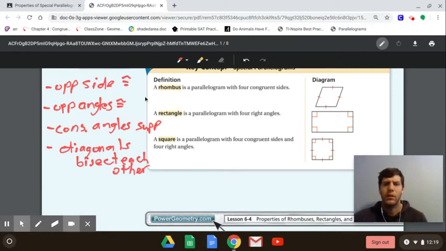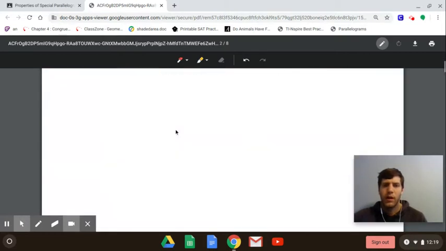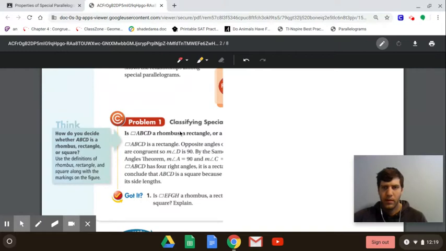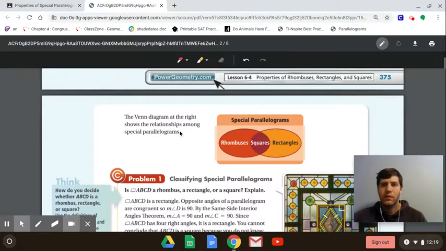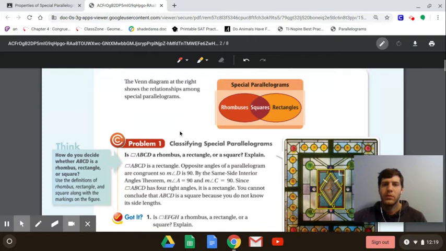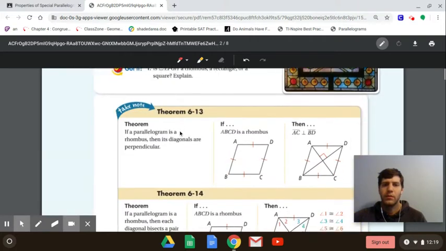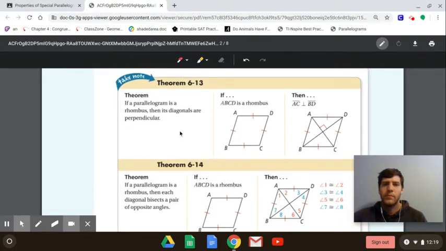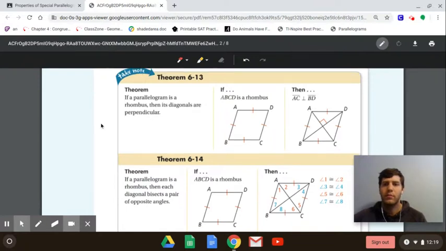Okay, so let's talk about each one. Let's start with the rhombus. We defined a rhombus as a parallelogram with four congruent sides. So we have two additional properties we want to use. One is that the diagonals are going to be perpendicular.